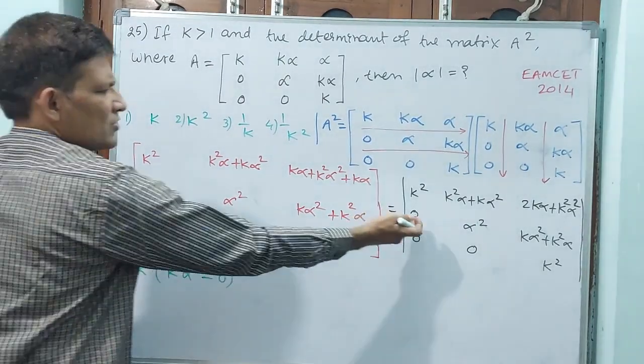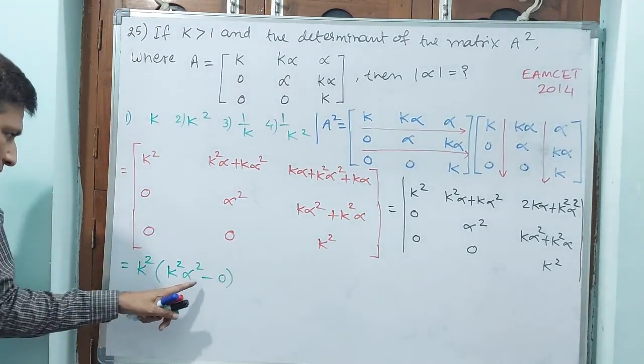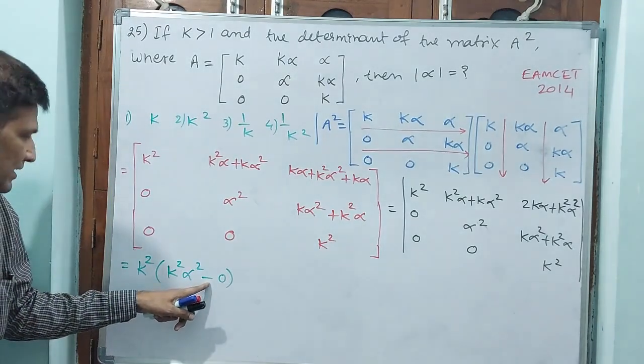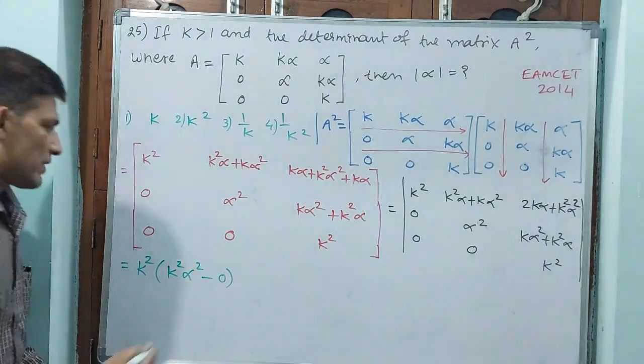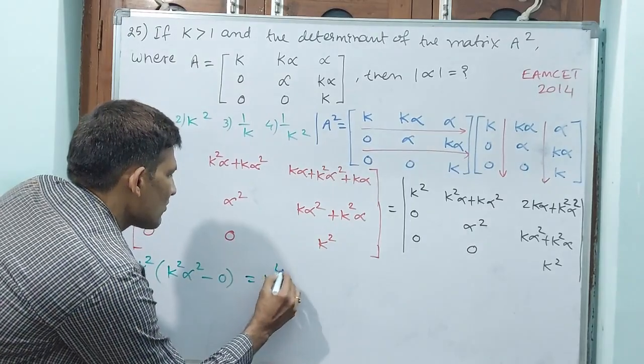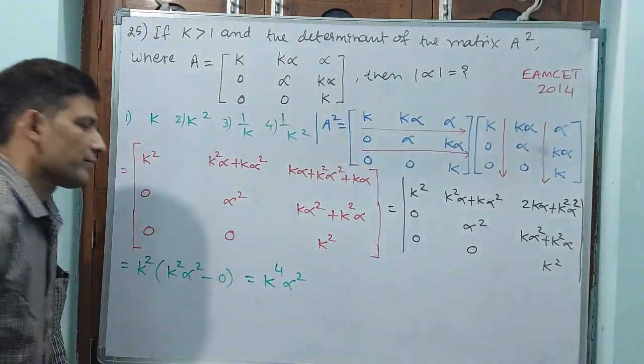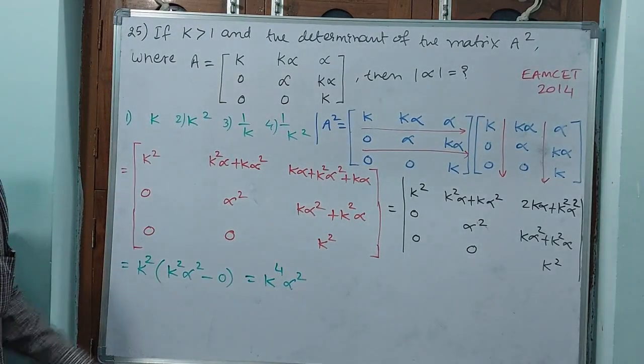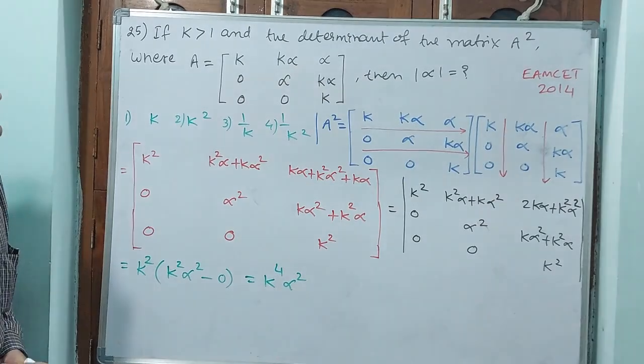Minus 0 you need not consider. So it is K to the power of 4 alpha square. What is the value of this?